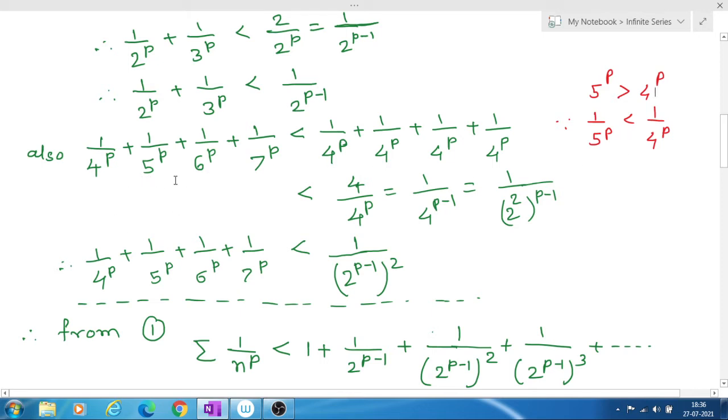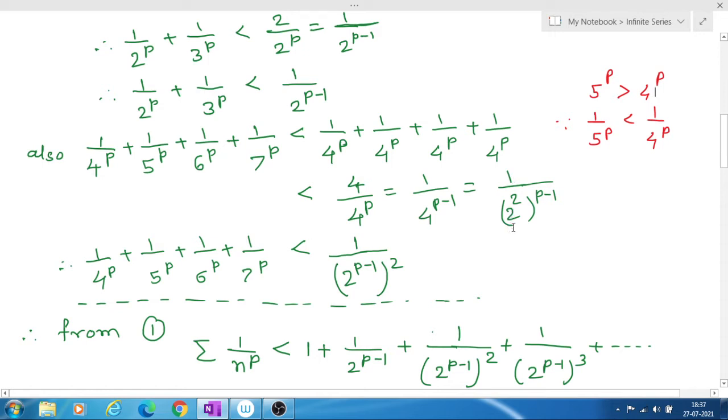Therefore if we substitute all these terms by 1 upon 4 raised to p, the sum of these 4 terms is 4 upon 4 raised to p, which is equal to 1 upon 4 raised to p minus 1. Now this 4 can be written as 2 square.